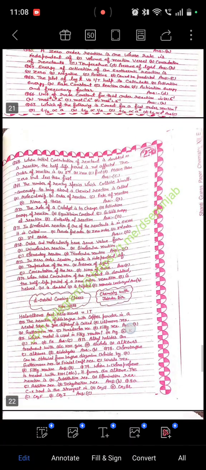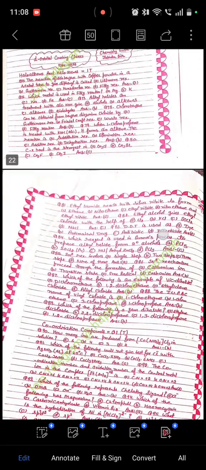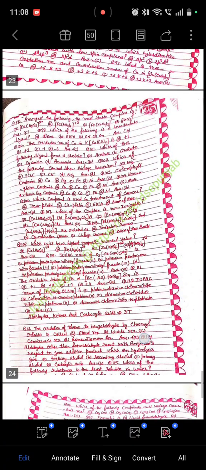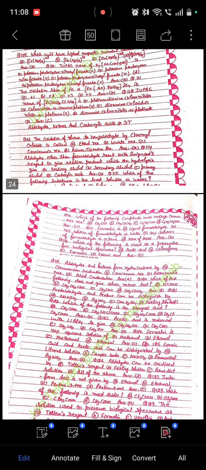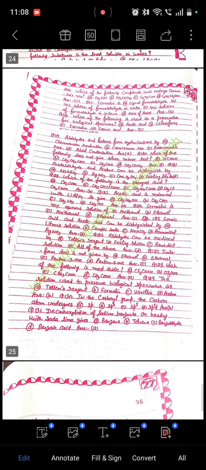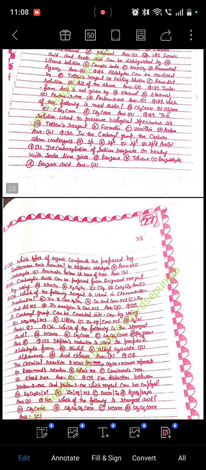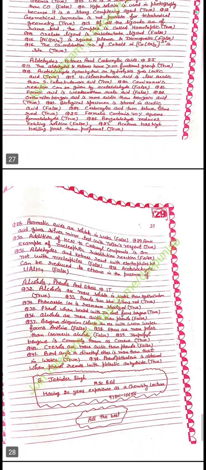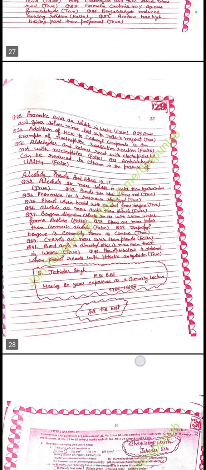These are the important MCQs, one words, and reactions for MCQs. This is a sample paper type.